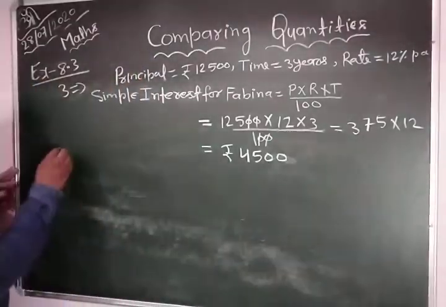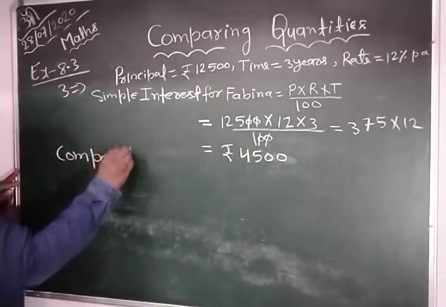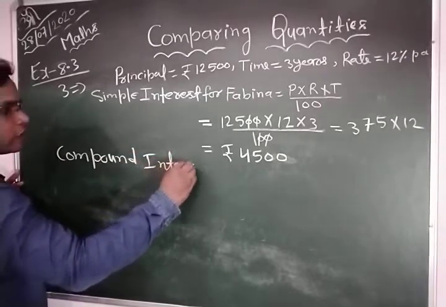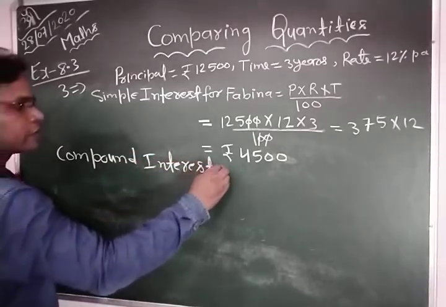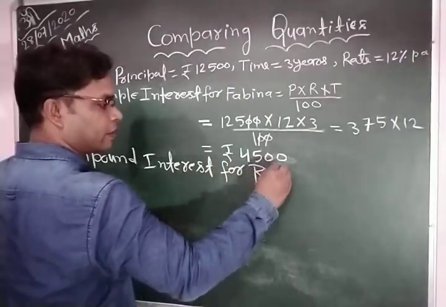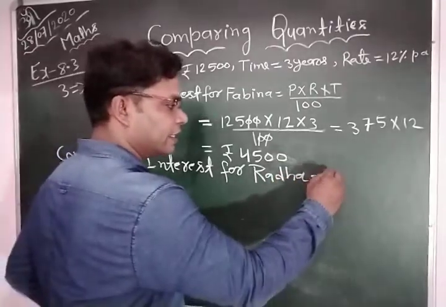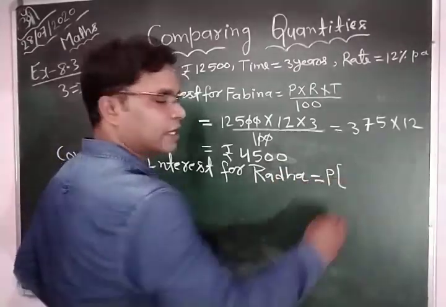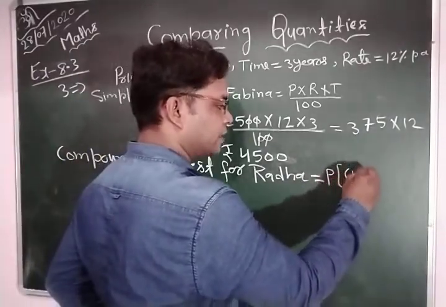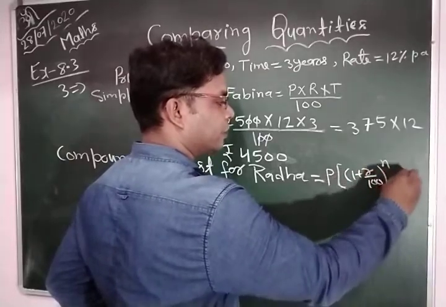Okay, now we find the compound interest for Radha. So compound interest for Radha is equal to, you can write here, this is the formula to find compound interest: P into (1 plus R by 100) power n, minus 1.